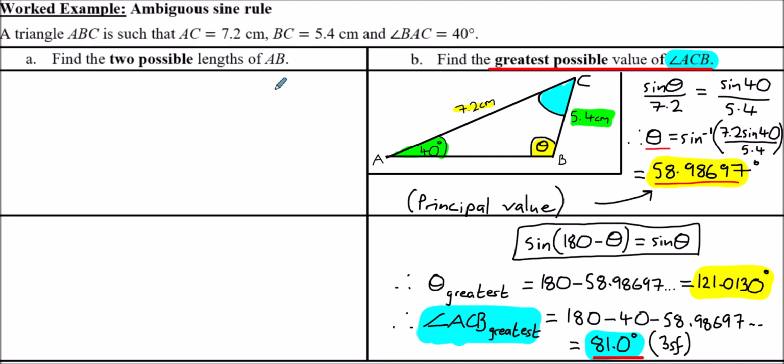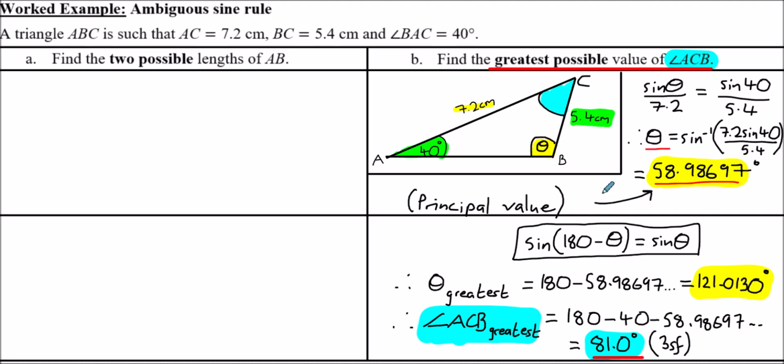Looking at part A though, it asks us to find two possible lengths of AB. Okay, so for AB, this one down here, it depends on what option for C we're going for. The greatest option for C is 81.0, but there is also another case.